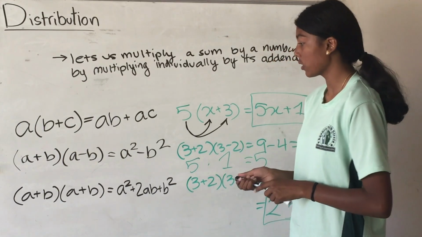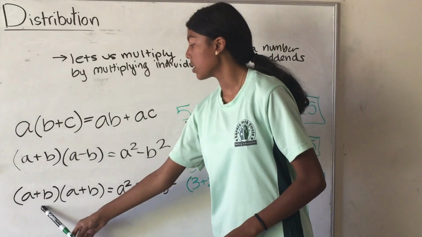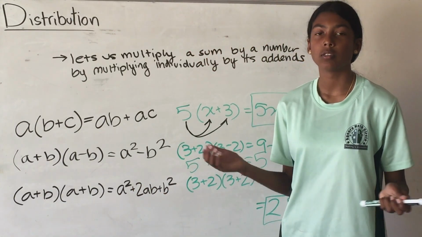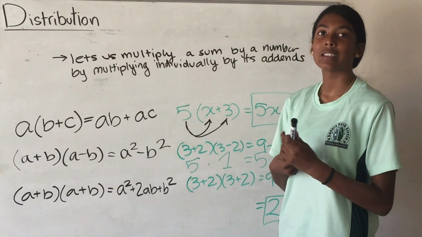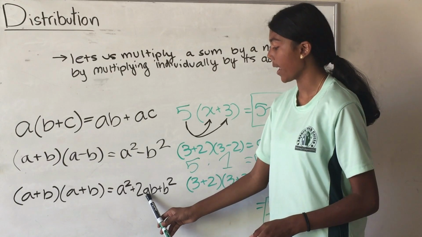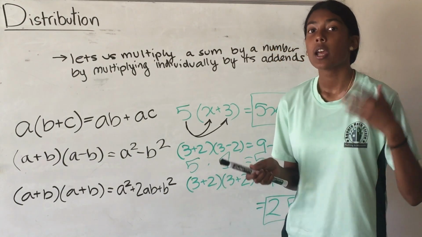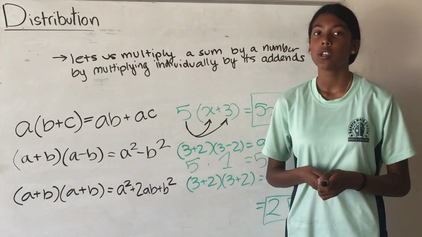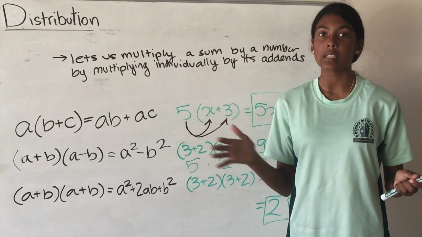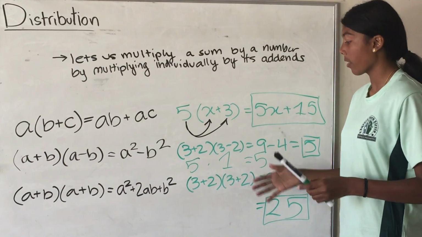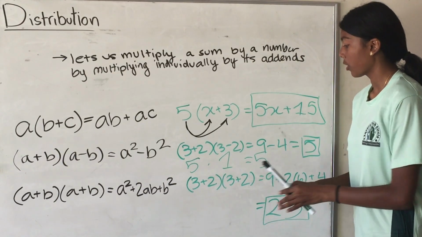So our last one is going to be (a plus b) times (a plus b). It's the square of a sum. And the formula states that we get a squared plus 2ab plus b squared. It's really important to memorize that and the difference of squares. Those are basics that you must know. So another example of 3 plus 2.